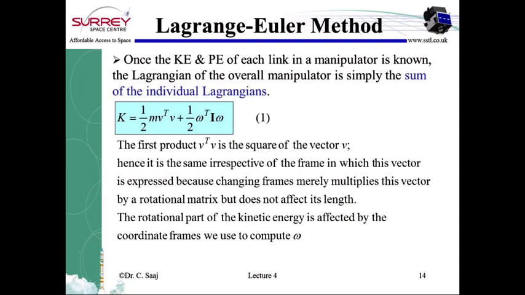The magnitude will remain the same irrespective of the frame in which this vector is expressed, because in the case of translational velocity, changing the frames will merely multiply the vector by a rotation matrix. It doesn't change the magnitude or the value of the vector.